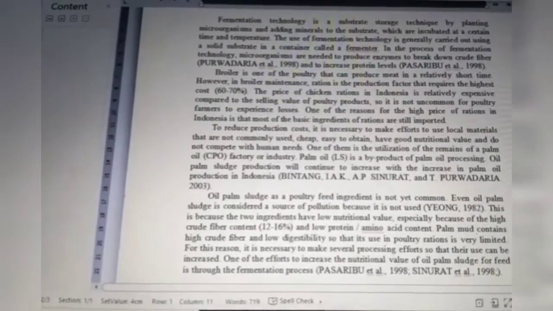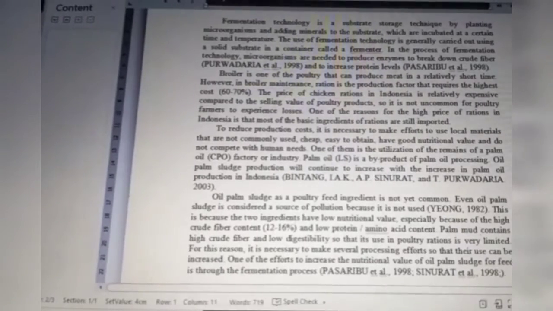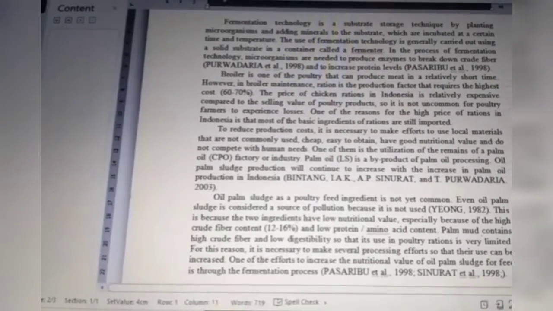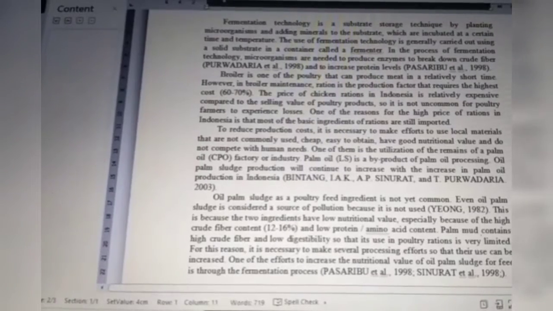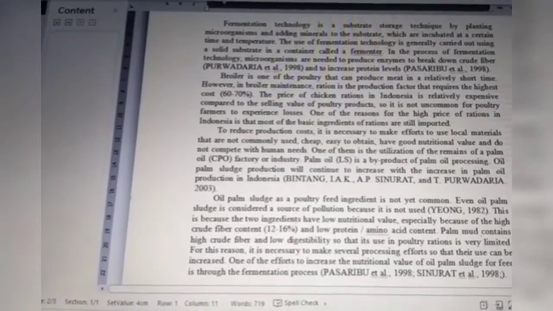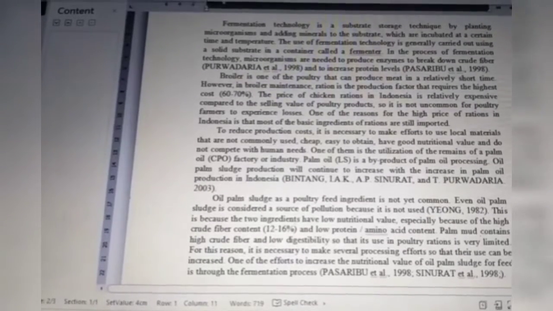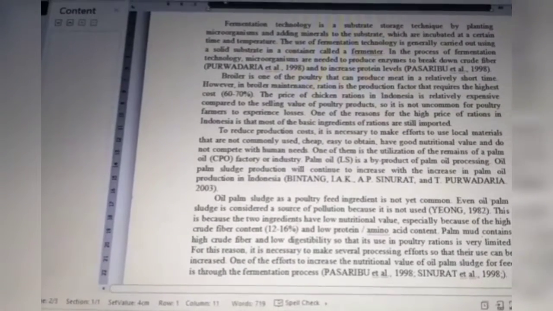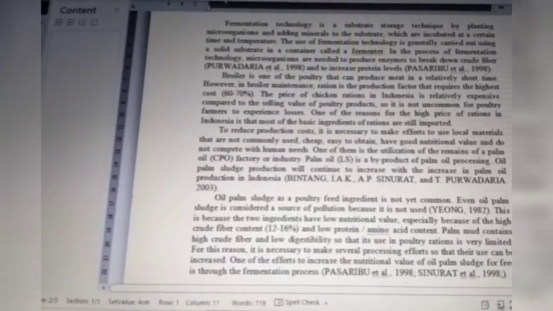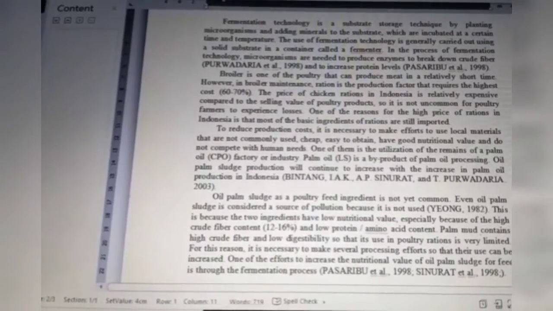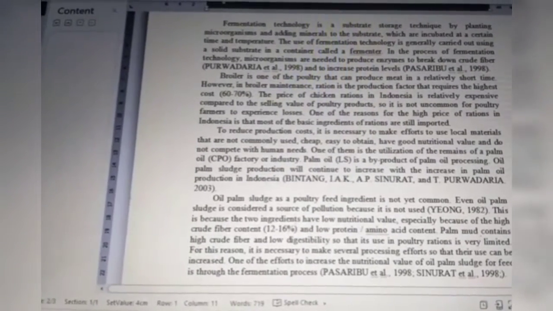Fermentation technology is generally carried out using a solid substance in a container called a fermenter. In the process of fermentation technology, microorganisms are needed to produce enzymes to break down crude fiber and to increase protein level.